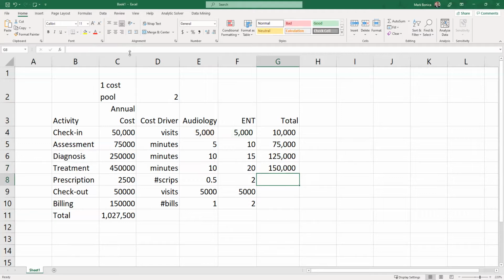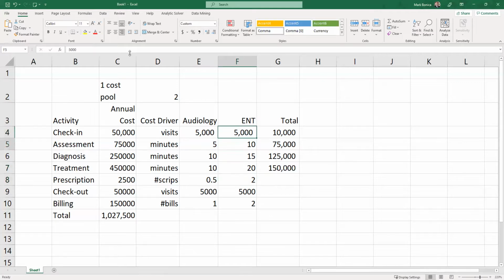So those are the ones that were per minute. Now we have half a script per visit. So the total number of scripts done by audiology is going to be 0.5 times 5,000, so that'd be 2,500. And then ENT gets 2 prescriptions per visit.